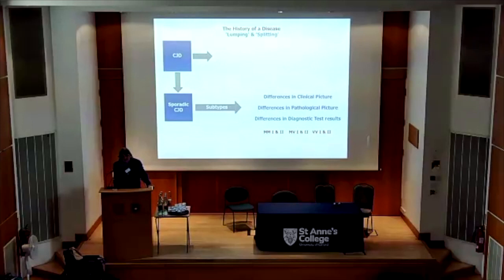And so you can see that people talk about MM1 and MM2, MV1, MV2, and so on. I wouldn't get too bogged down in this. They're all descriptions of the molecular underpinning of variations in one disease, sporadic CJD. And there is another sporadic form you may hear people talk about, variably protease-sensitive prionopathy, but this is really, from my point of view, another form of sporadic CJD.